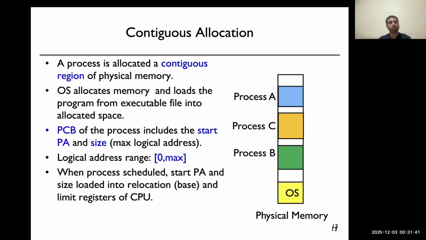One way to answer this question, how we allocate the memory to multiple processes and the operating system at the same time, is known as contiguous allocation. What we do is allocate a contiguous region of physical memory to a process or the operating system, right? Normally the operating system is allocated a contiguous region at the start or at the end of the memory range, depending upon the operating system.